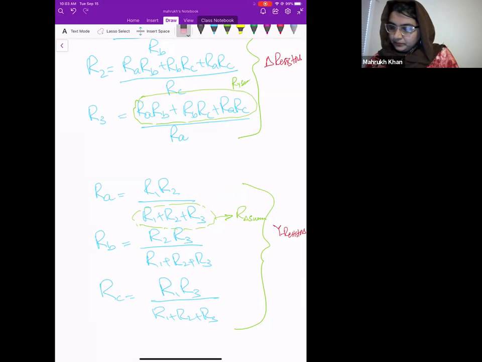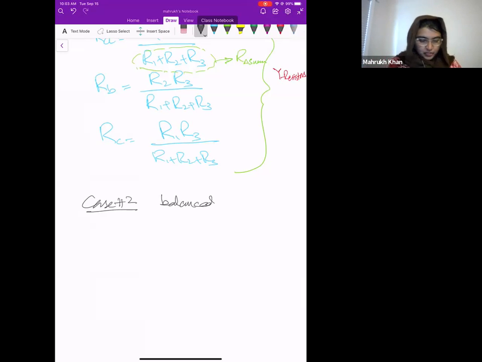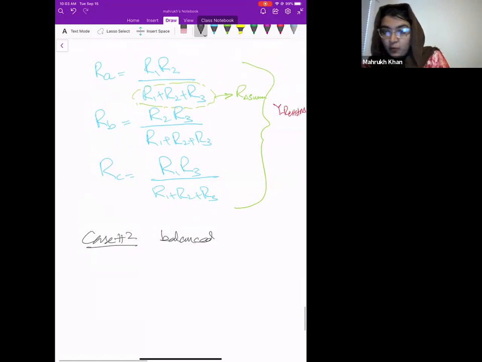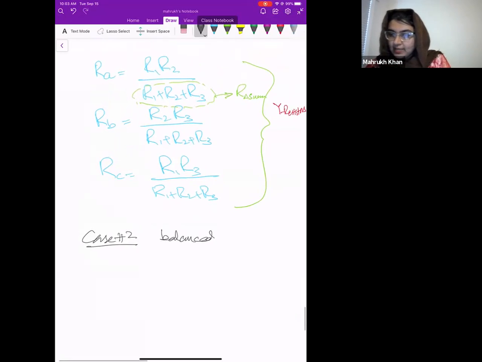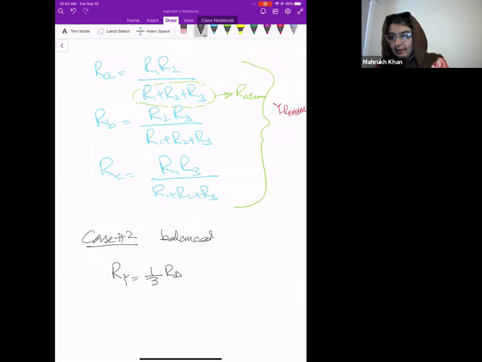So case number 2 is the balanced scenario, in which the Y resistor is equal to 1 by 3 R delta.